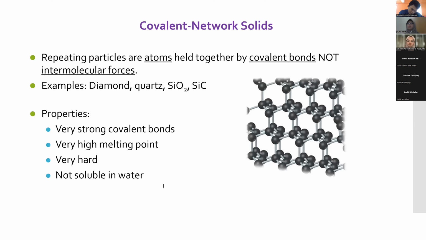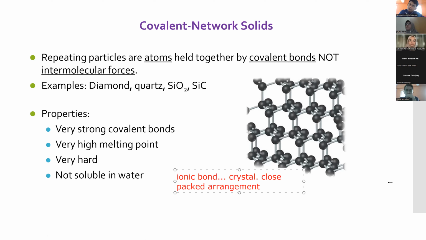I want to compare ionic and covalent. In ionic bonding, the arrangement of the ionic bond results in a crystal, a close packed arrangement.